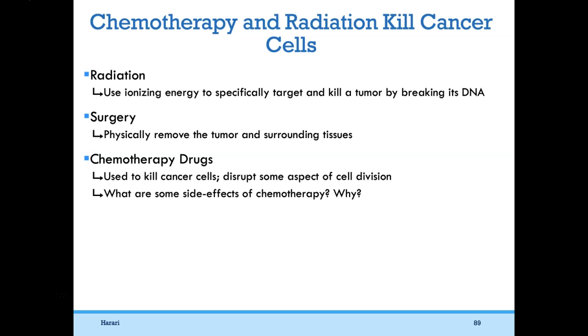Those are not going to be able to divide anymore because of the chemotherapy. You're going to have nausea because your gut cells are constantly being killed. So there are side effects to chemotherapy because it targets healthy cells too. And the cells that divide most frequently are most affected by chemotherapy.